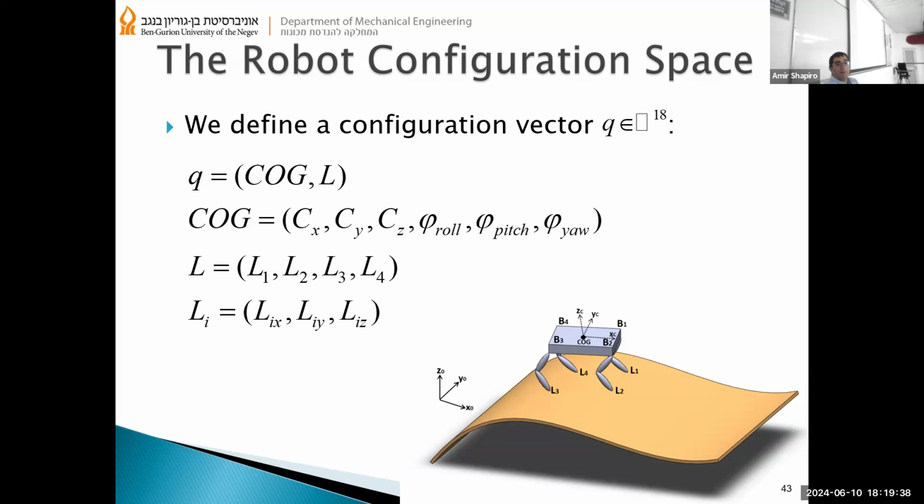What is L? L is leg. Yes. So we have 4 legs, as you can see here.